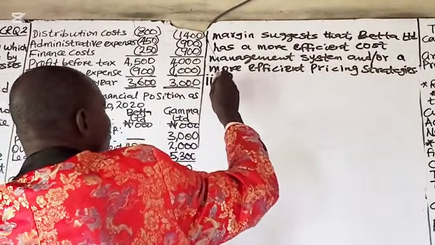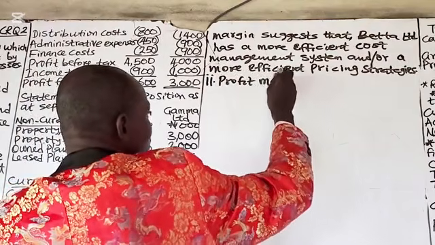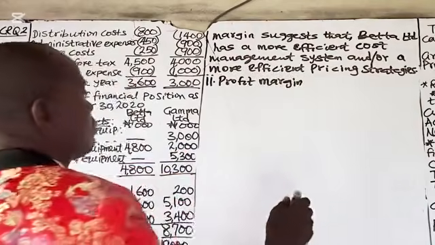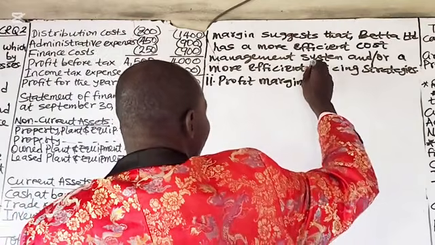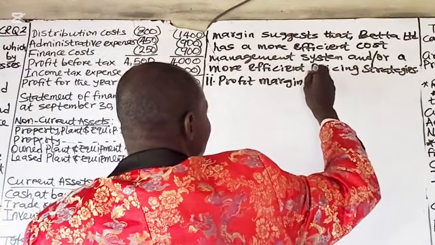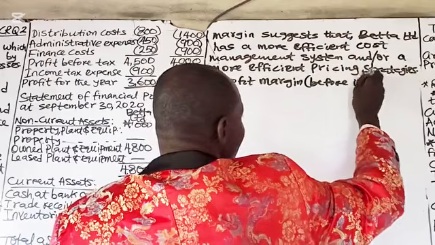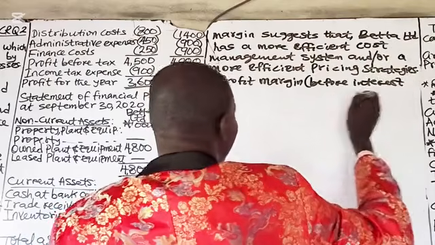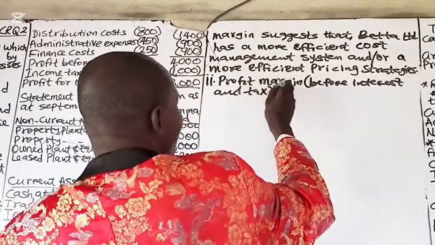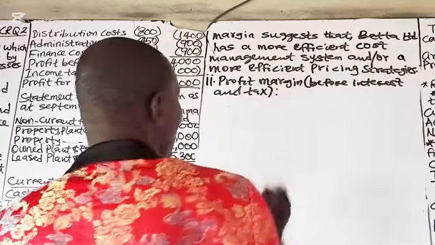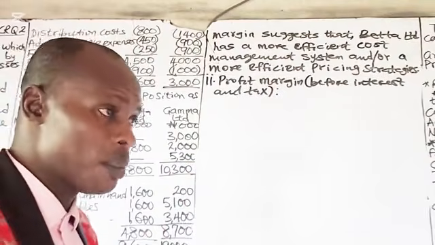Number 2, profit margin. That is the operating profit margin, which is before interest and tax. Since it was calculated on profit before interest and tax, that means the profit in question is operating profit.